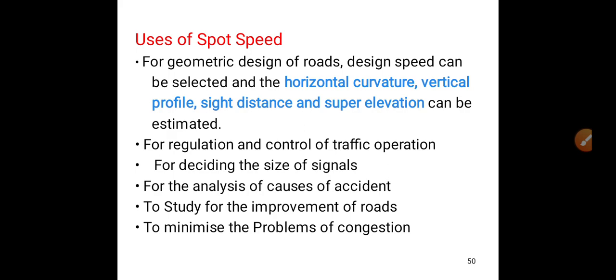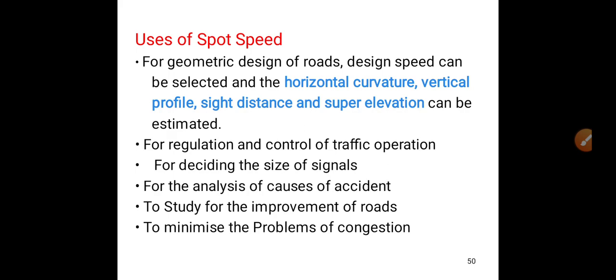Speed ranges are taken on the x-axis and the number of vehicles in percentage on the y-axis, so that the modal speed as well as the 15th percentile, 50th percentile, 85th percentile and 98th percentile speeds can be arrived at, so that the 98th percentile speed can be used for design purposes.